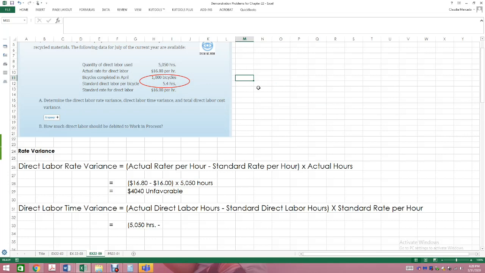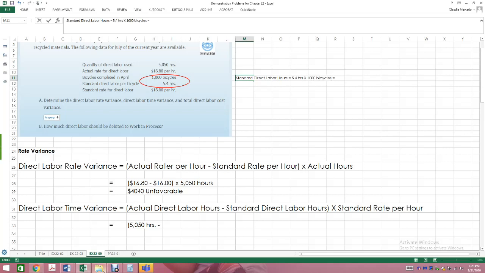So your standard direct labor hours is equal to the 5.4 hours times the 1,000 bicycles.